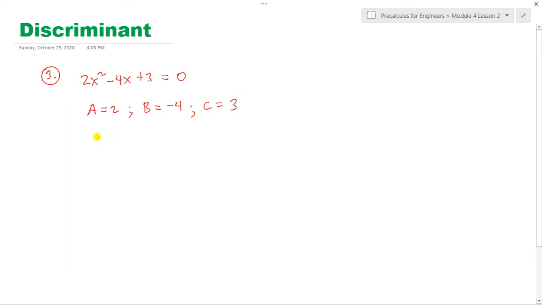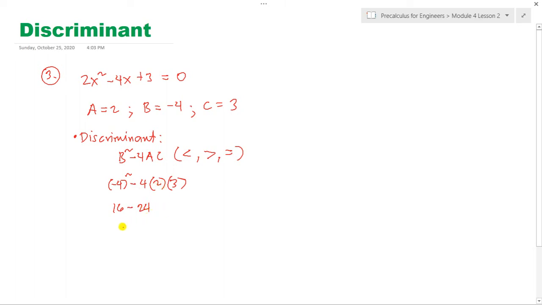The discriminant has this formula, b squared minus 4ac, wherein let's tell whether it is less than 0, greater than 0, or equal to 0. Plug in the values. We have negative 4 squared minus 4 times our a is 2, our c is 3. Negative 4 squared is positive 16, minus 4 times 2 is 8, 8 times 3 is 24. So 16 minus 24, ano yung sagot natin dito? That is equal to negative 8, and negative 8 is less than 0.